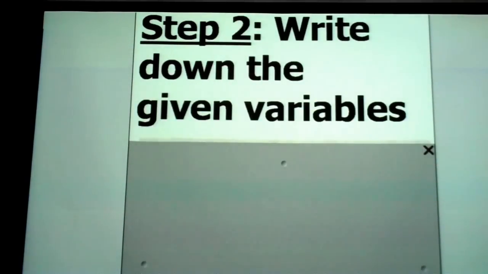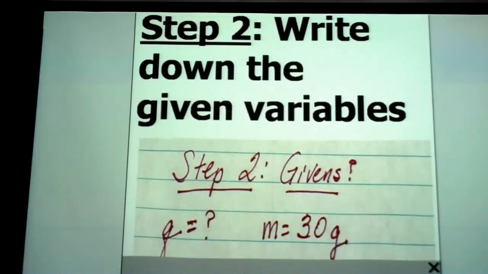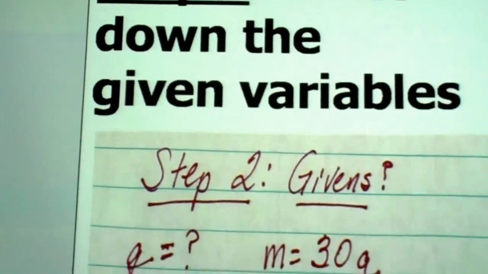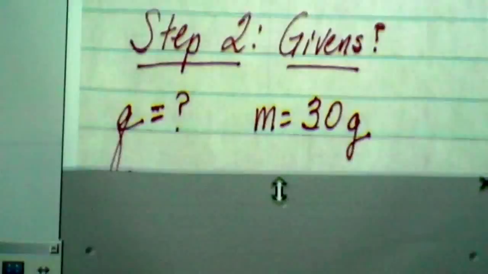The next step is write down the given variables. So the variables from the problem, if you take a look, you have your Q value, which is what we're trying to find. M is the mass, that's 30 grams.